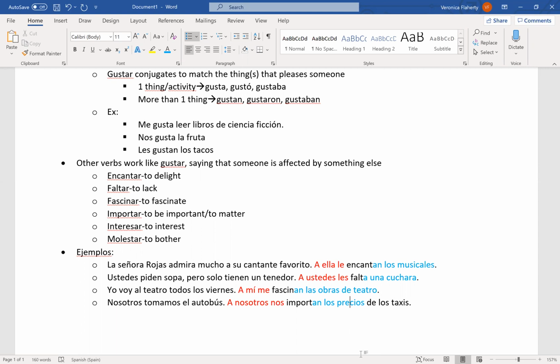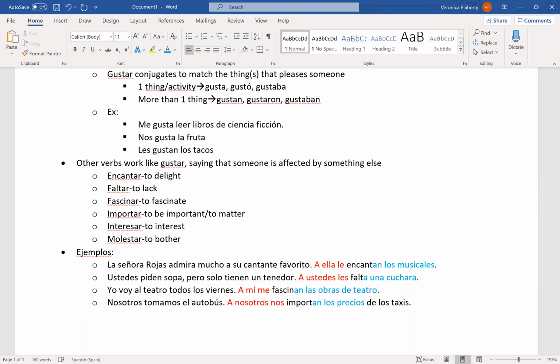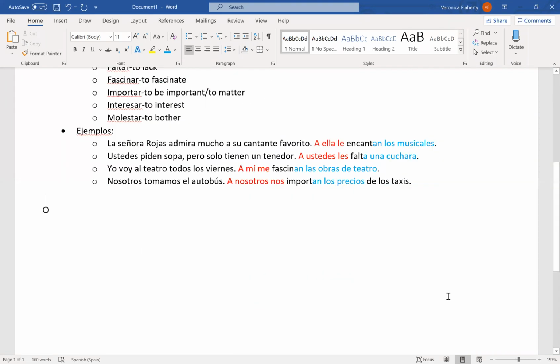Tomorrow you guys are going to have an assignment on Classroom, and it's going to be similar to these in terms of what you have to write. I'm going to give you some options of verbs. So I might give you molestar and gustar and interesar, and really any of those six verbs up there.